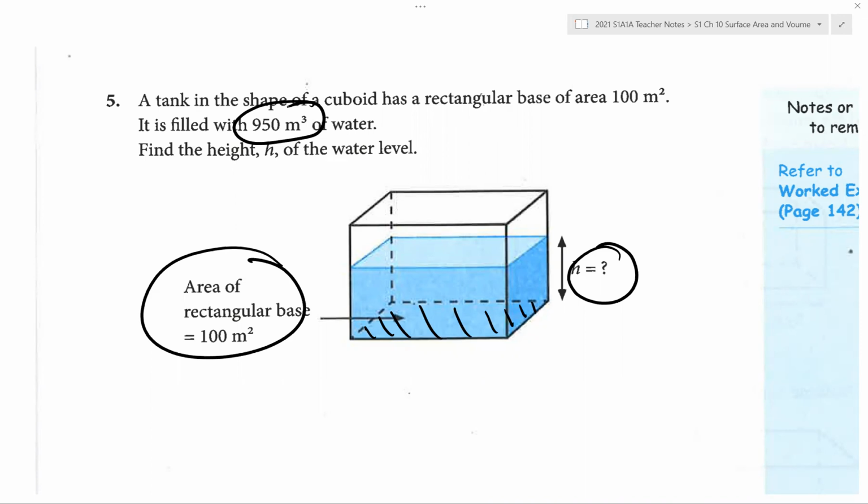Brian said you saying that the amount of water doesn't change, is it? I'm talking about the height of the water. The height of the water, this H. If it increases, it means that there is more water inside, isn't it? So Marilyn, if this H drops down, what happens to the amount of water inside? Decrease. Very good. So the amount of water is related to the value 950.